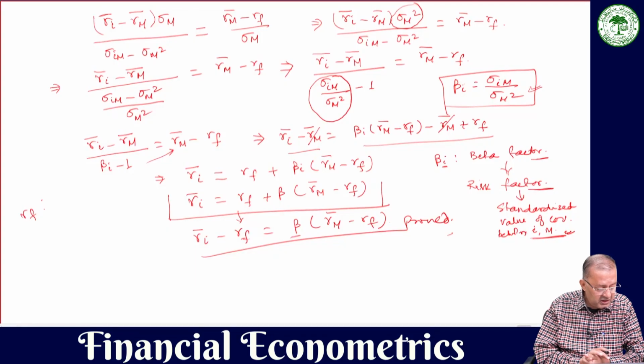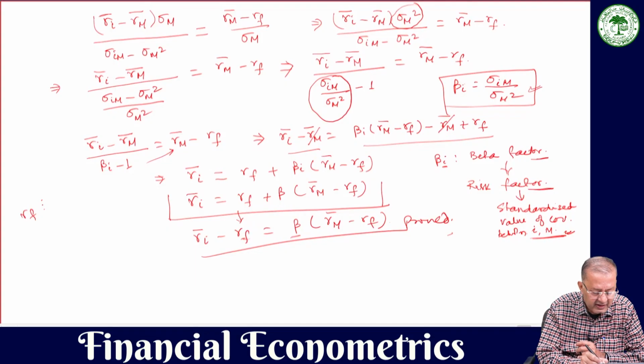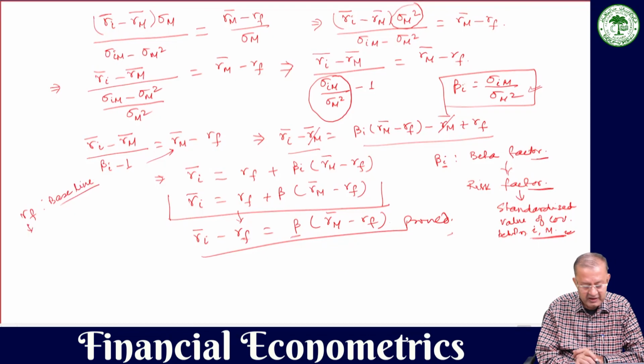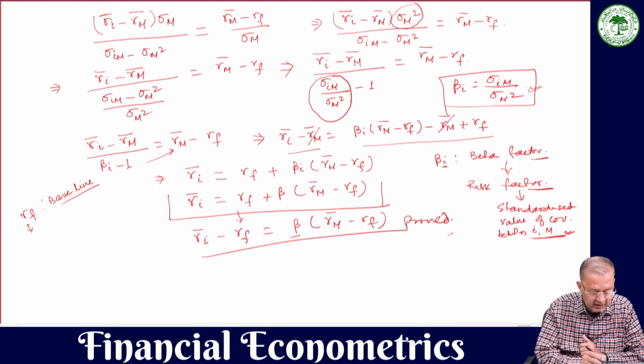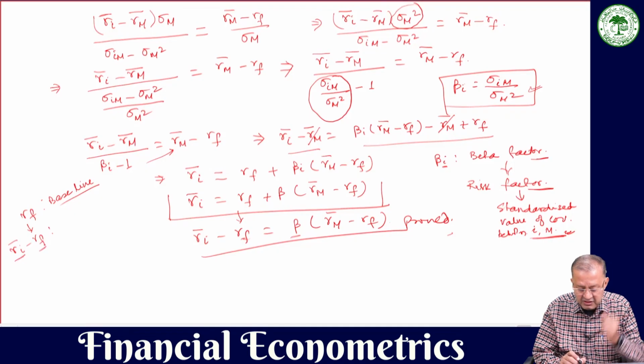Now this Rf is called the baseline, or the return on the risk-free asset. What is the difference between Ri bar and Rf, the average rate of return on the ith asset and the fixed return on the fixed asset?